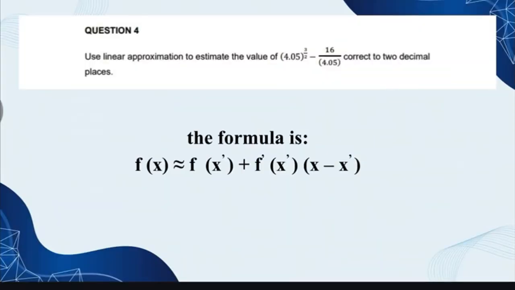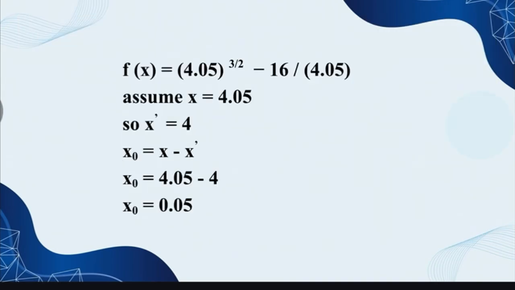For question 4, the formula we use is f(x) approximately equals f(x') plus f prime(x') multiplied by x minus x'. First we have the equation f(x) equal to 4.05 to the power of 3 over 2 minus 16 over 4.05.